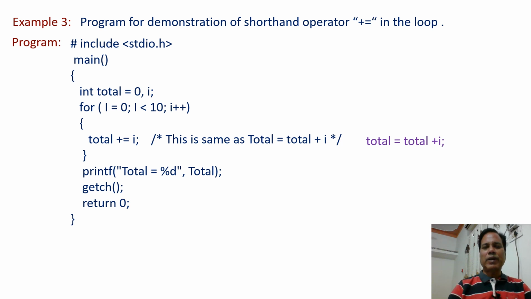Just set the initial value: if we set the initial value as i equal to 1, we can add the numbers from 1 to 9, and then after adding these numbers we finally print the result. When this program is executed, we get the output total equal to 45.